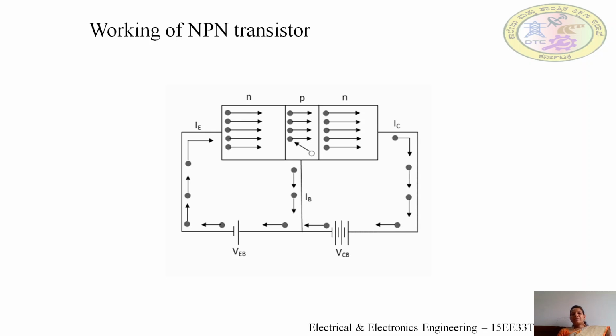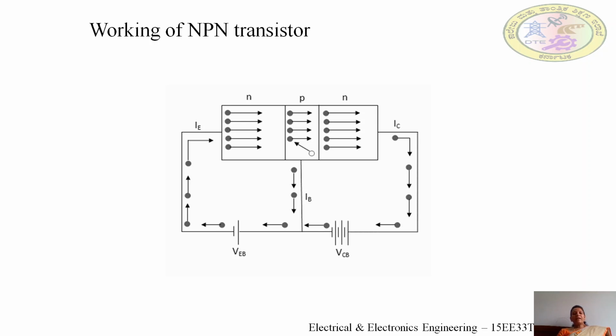So this constitutes the emitter current. These electrons get into the base region, they combine with the holes there, and the remaining electrons flow into the collector, constituting collector current. The few electrons which combine with the holes in the base region constitute the base current.